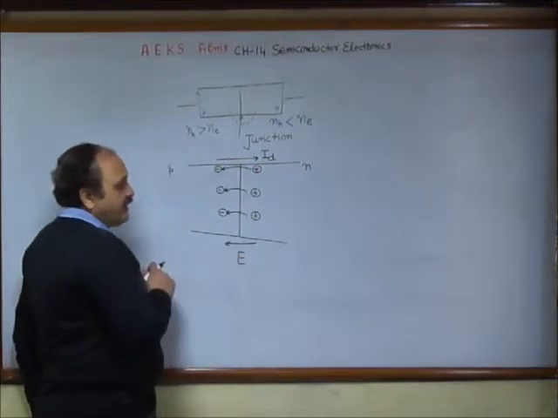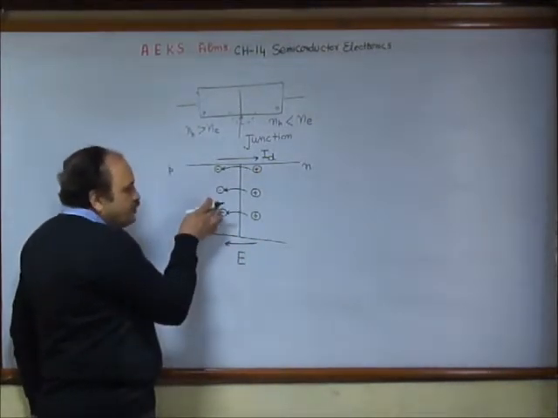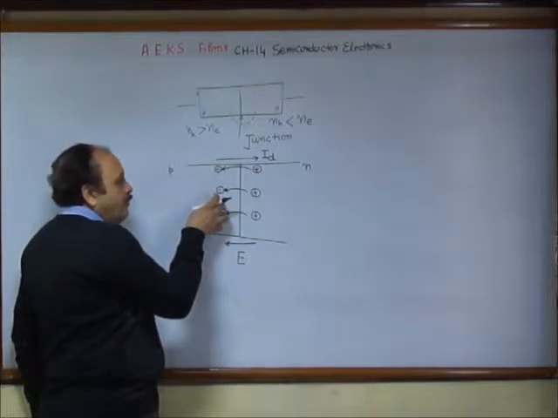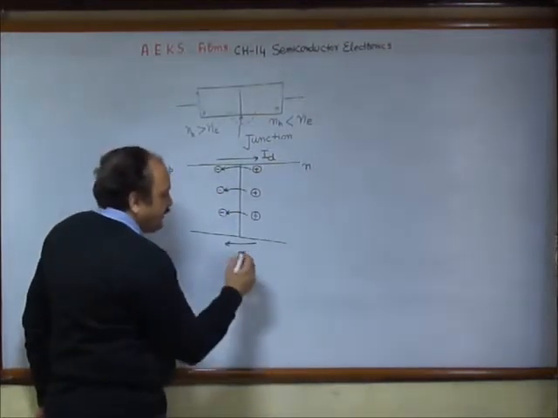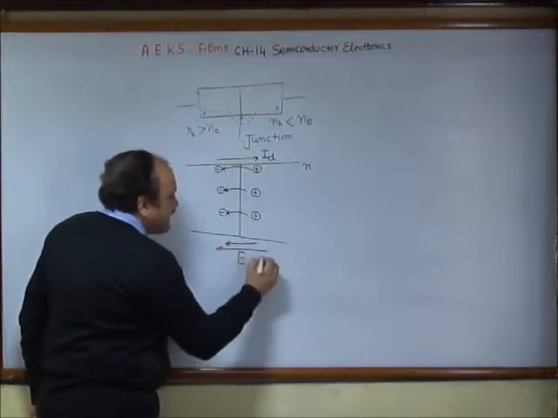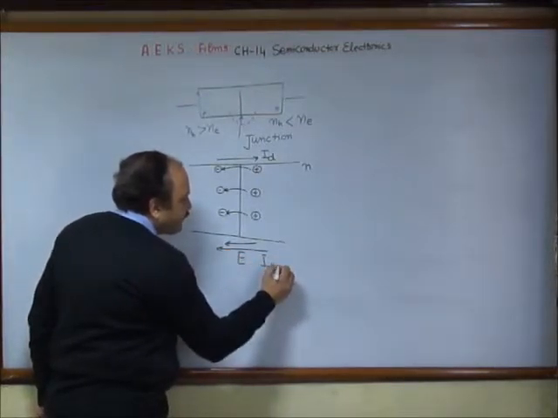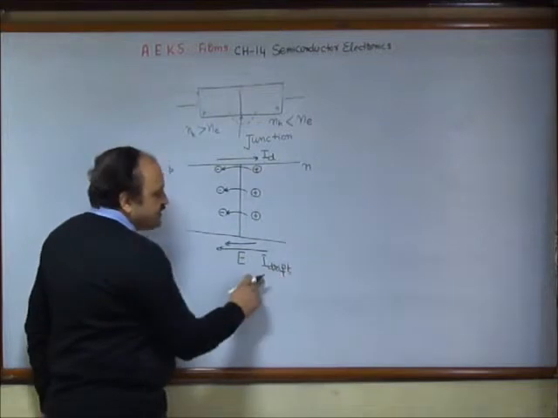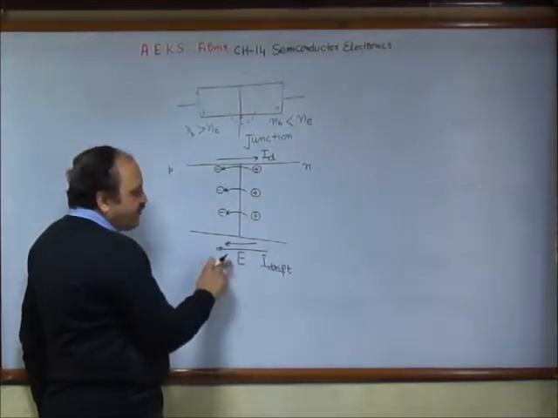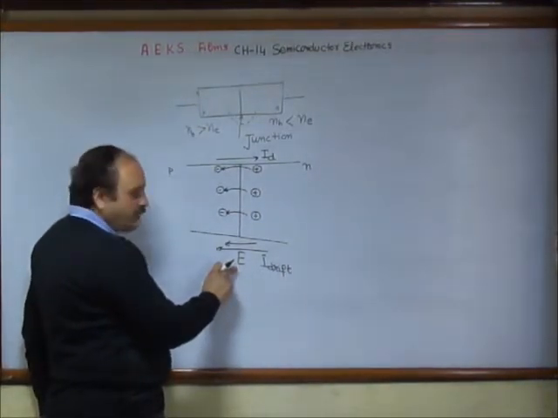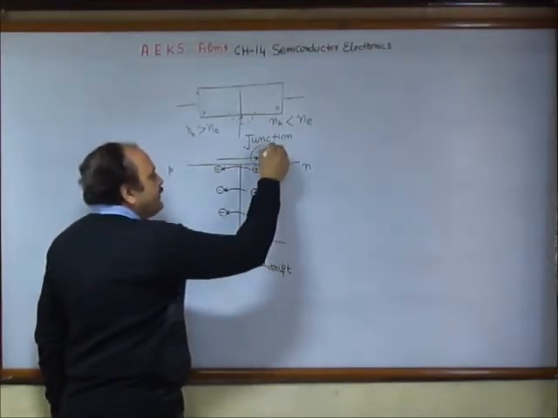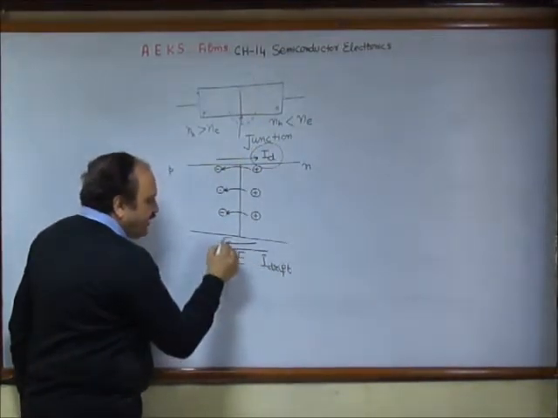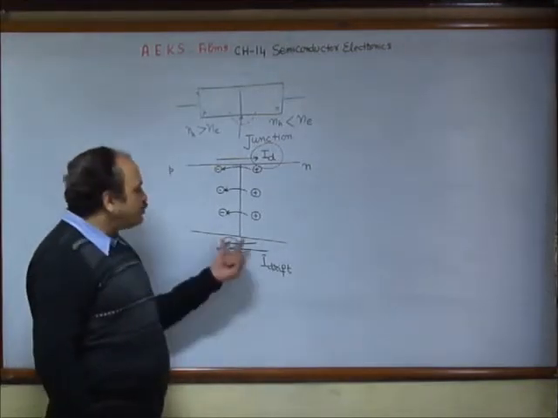This drift current, which is due to the flow of electrons from the P region to the N region, we call the drift current. Since charge carriers are drifted by the electric field, notice one thing: the diffusion current and the drift current are opposite in direction.